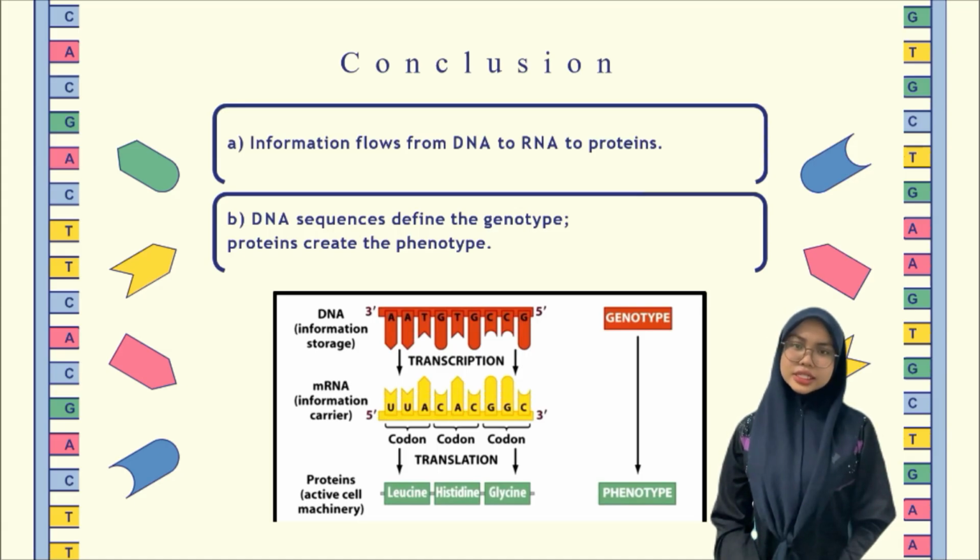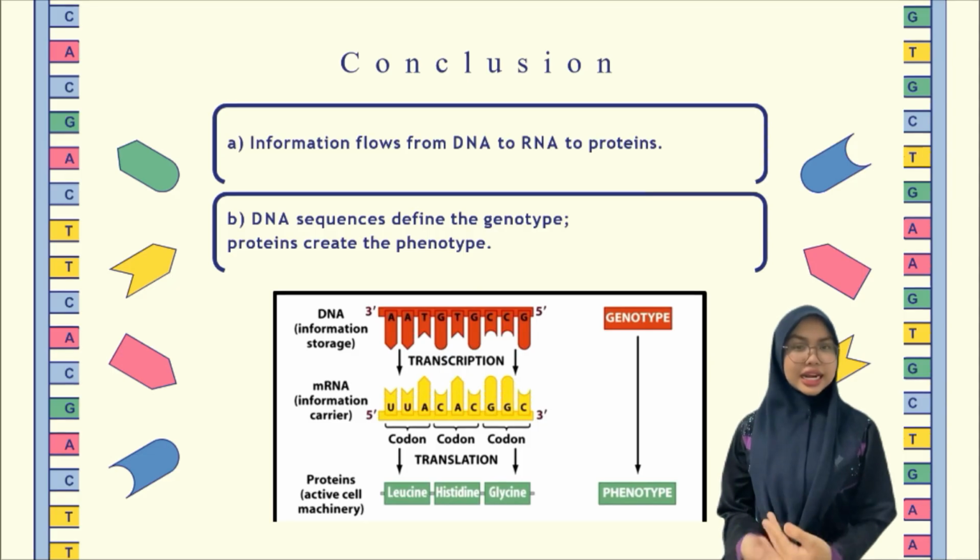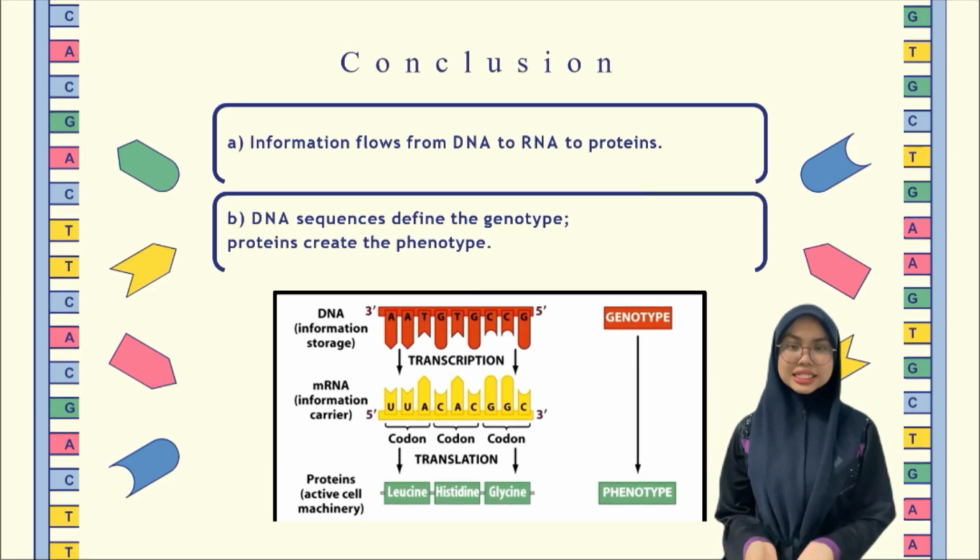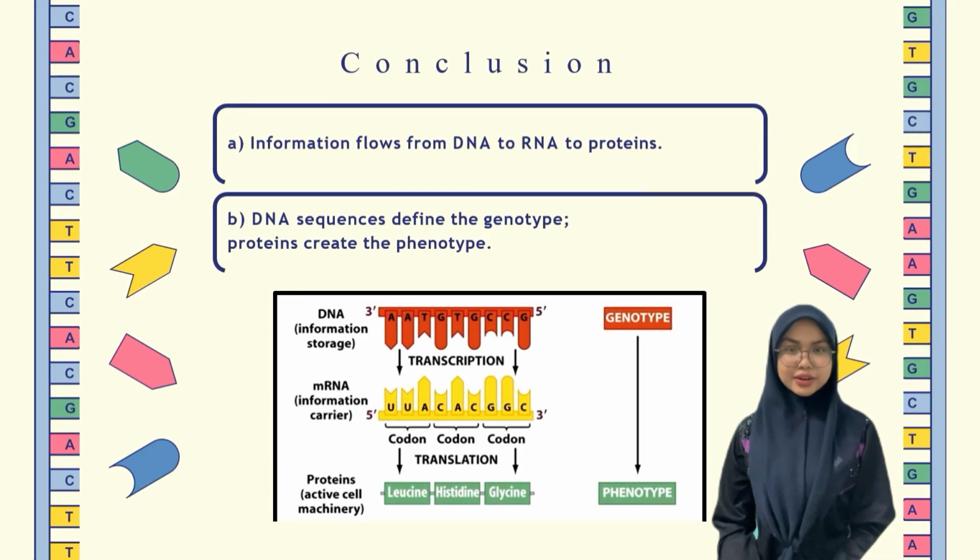During translation, these codons are read to form proteins. These proteins determine the physical traits or characteristics of an organism. Therefore, DNA defines the genotype, while the resulting proteins determine the phenotype, which is the expressed physical appearance or observable trait.